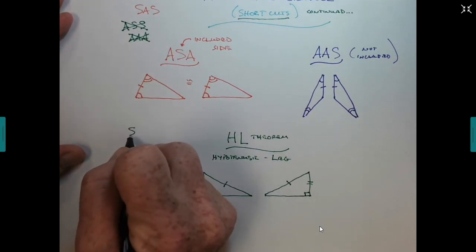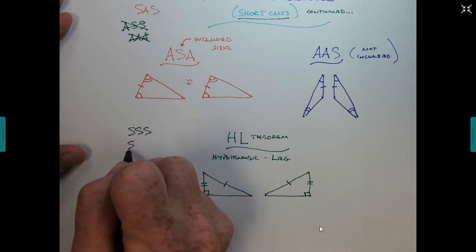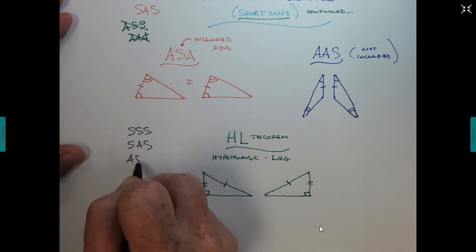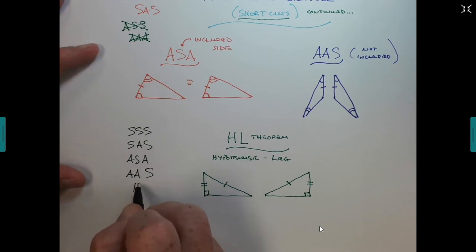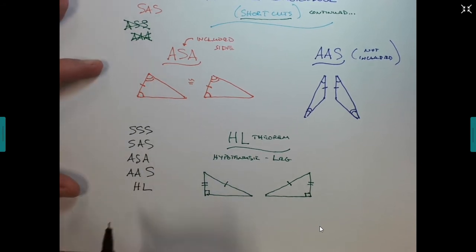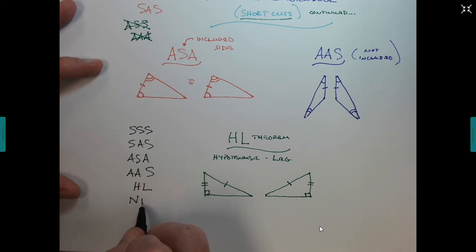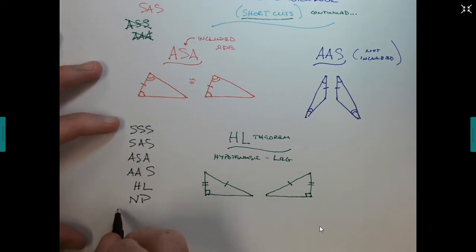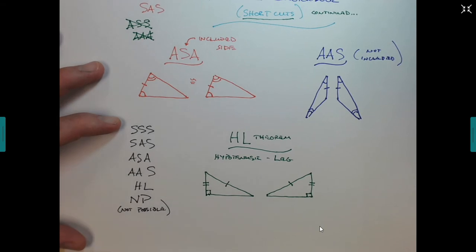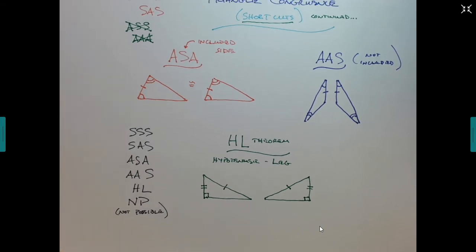They'll say, can you use side, side, side; side, angle, side; angle, side, angle; angle, angle, side; H, L; or our last option is that it is possible that we can't prove the triangles are congruent. It might be not possible. So let's look at a quick example.